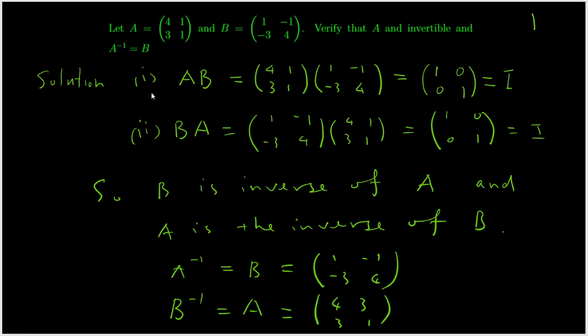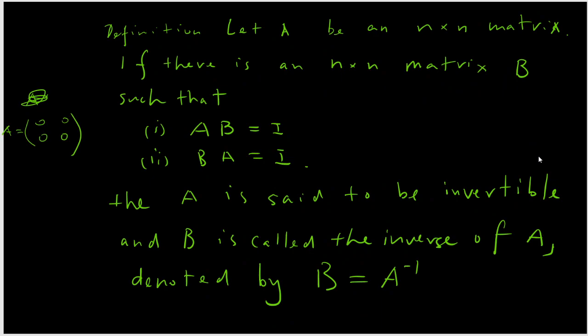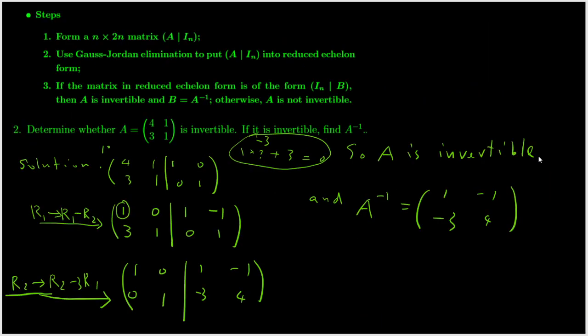That's the given matrix. That's the inverse you got. You perform two multiplications. If the answers to the two products are identity matrices, then the answer is right. Any other questions?